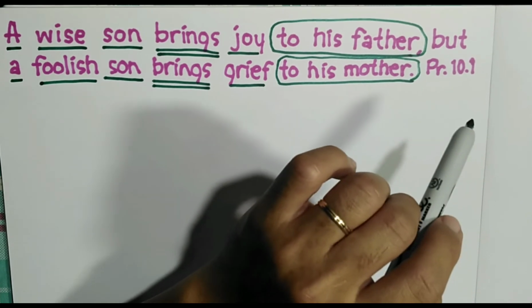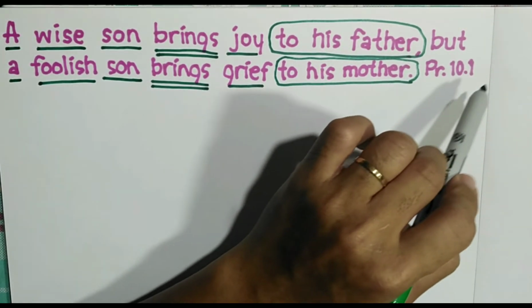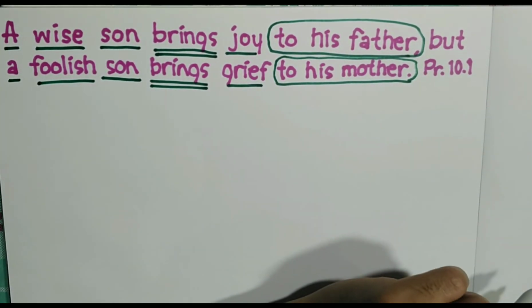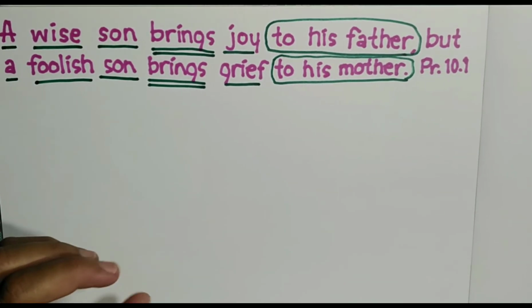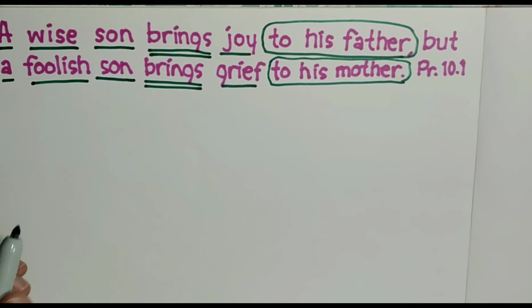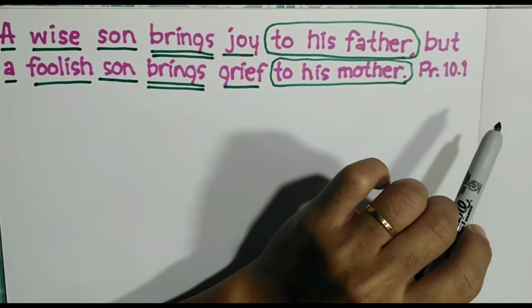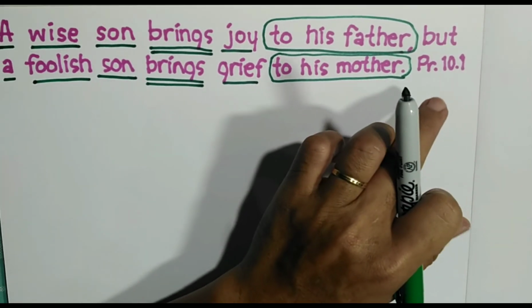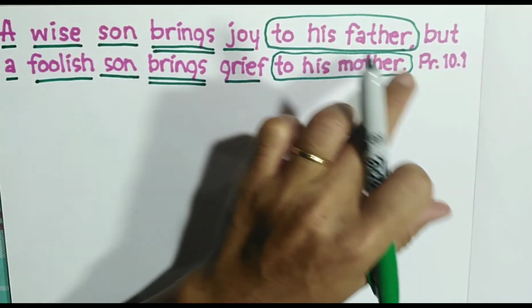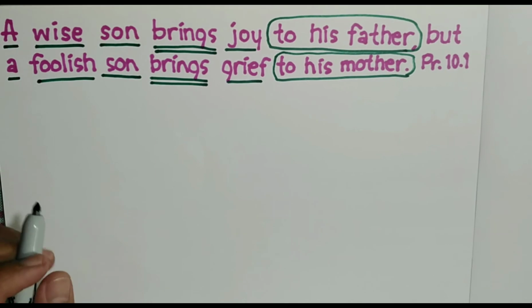Yes, you are correct. It's considered a coordinating conjunction, because it joined two sentences or two ideas. Though we connect two ideas, this actually contrasts. The first line contrasts the second line.